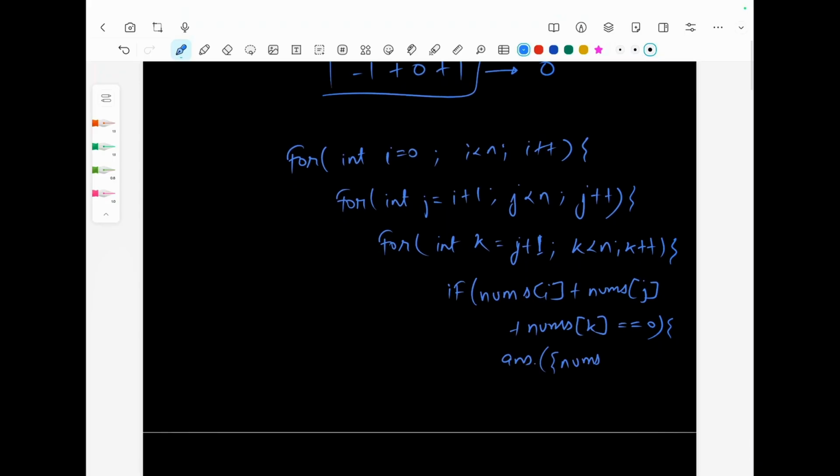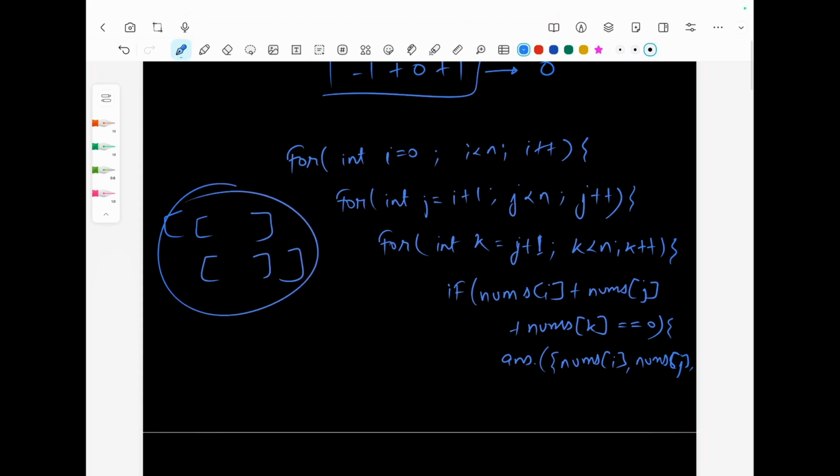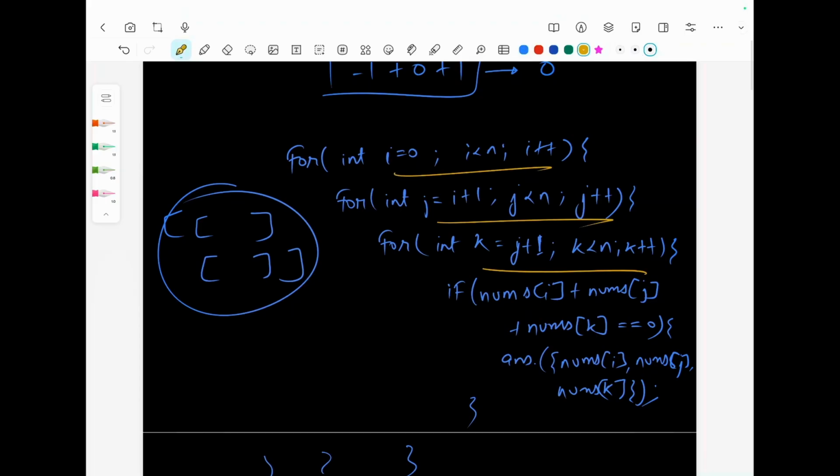Then we can push these three values into our 2D vector. Basically it will be a 2D vector because we are going to have multiple vectors in a single vector. So here we will push our answer. It will keep running until all three iterators finish their iterations.